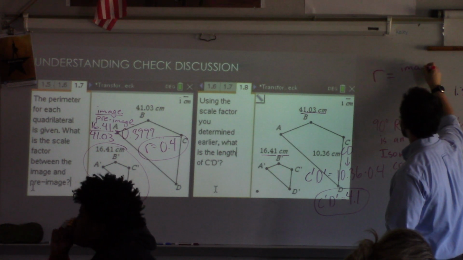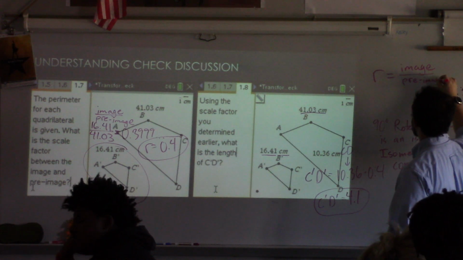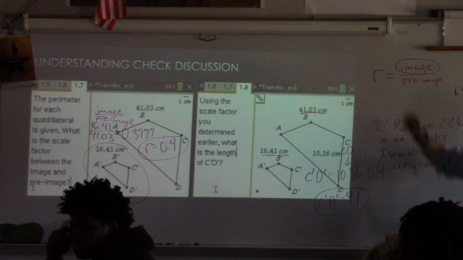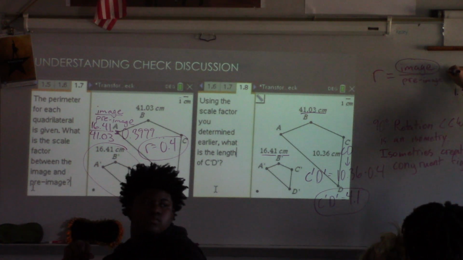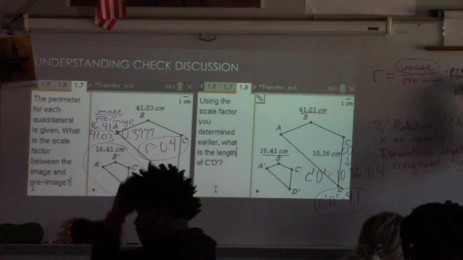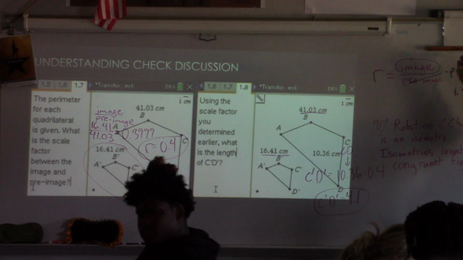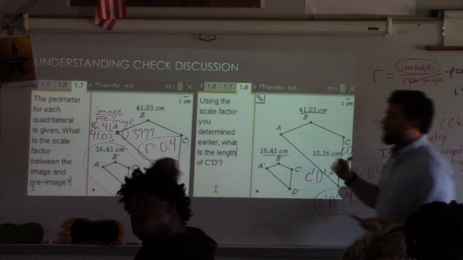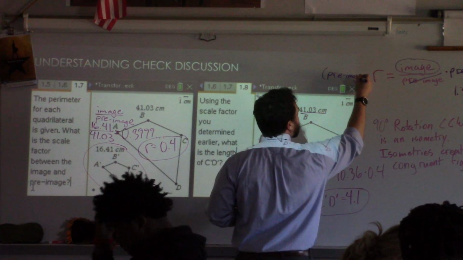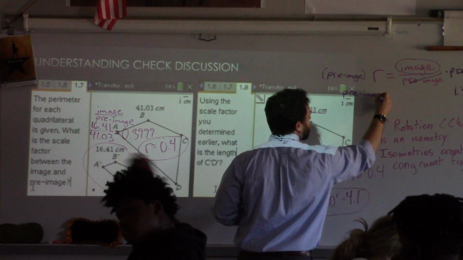It's equal to the value of the image divided by the pre-image, correct? So if I wanted the image on its own, I would multiply by the pre-image. Because what's anything divided by itself? 1. So notice if I take the pre-image and multiply it by the scale factor, what do I get? 4.9.